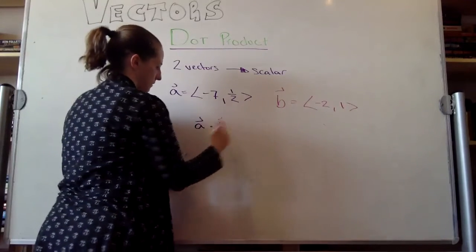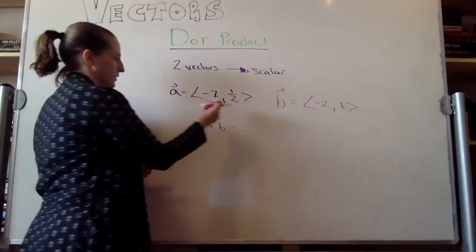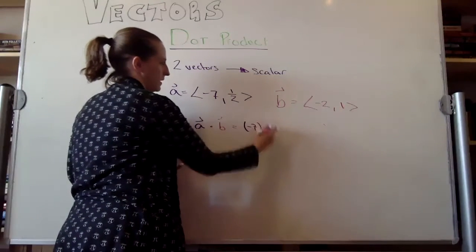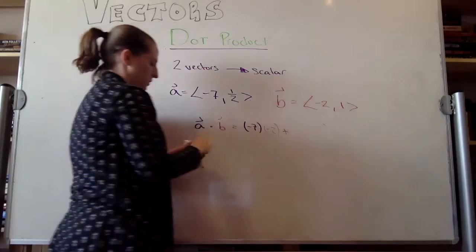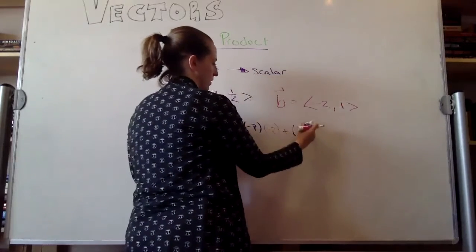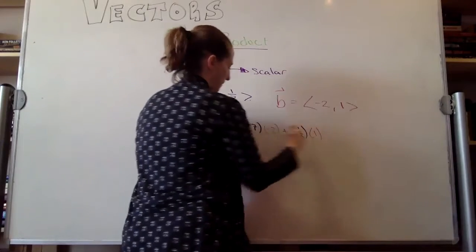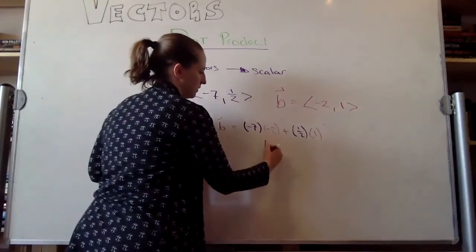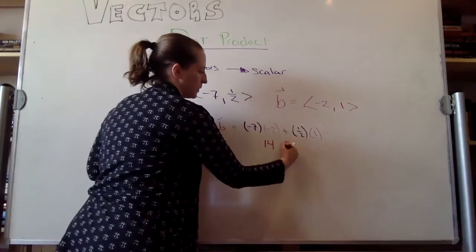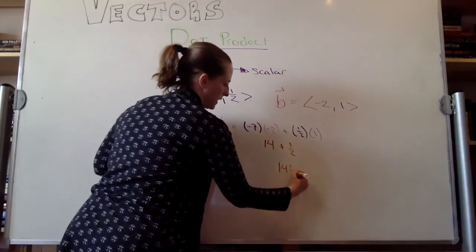Okay. So then if we do the dot product, A dotted with B, again, to calculate this, we multiply the horizontal components. So -7 times -2, added to, we multiply the vertical components. 1/2 times 1. Okay. -7 times -2 is 14. 1/2 times 1 is 1/2. 14 plus 1/2 is 14.5.